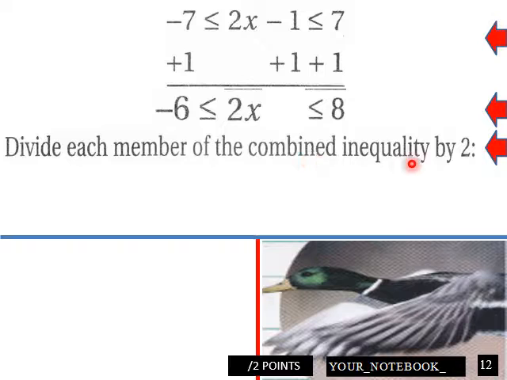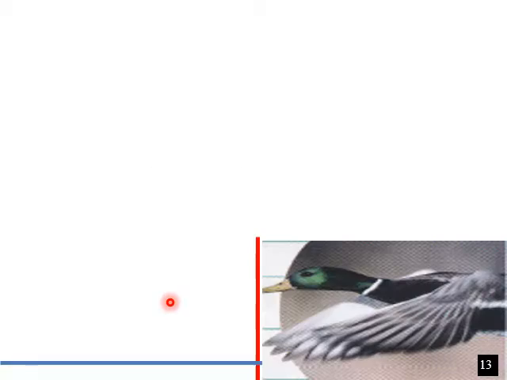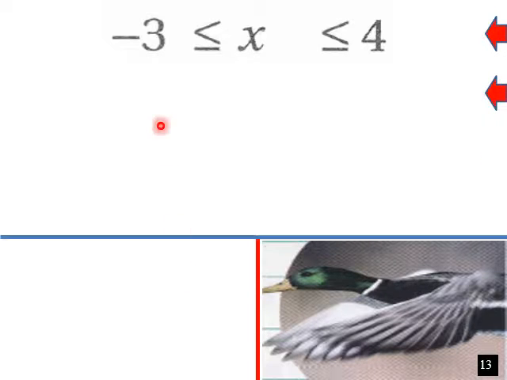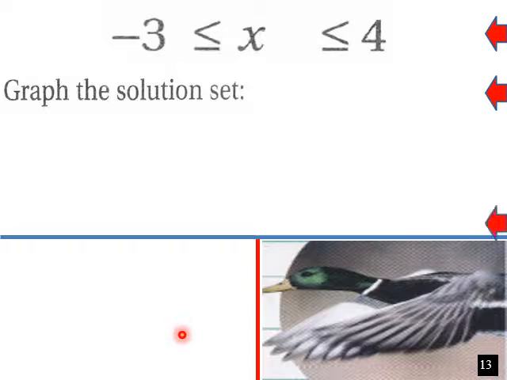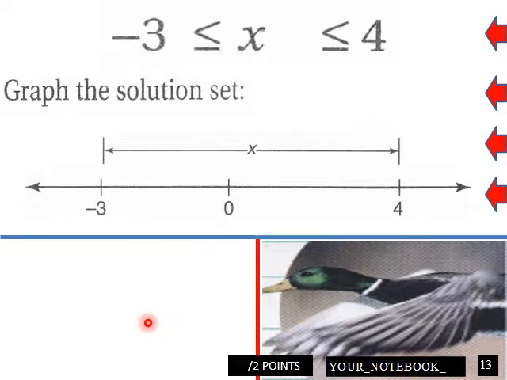Divide each member by 2, and we get negative 3 is less than or equal to x, and x is less than or equal to 4. Here would be the graph: the lower limit here, and the upper limit up here. So that will be the graph of this solution set.